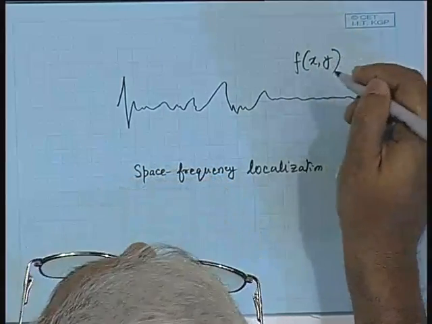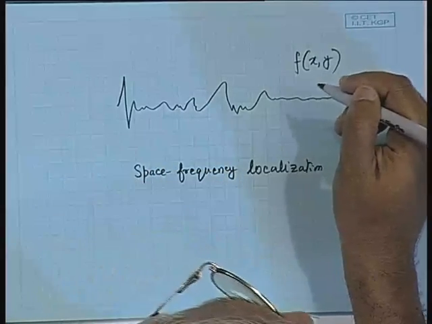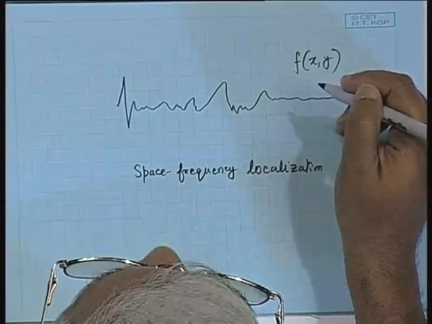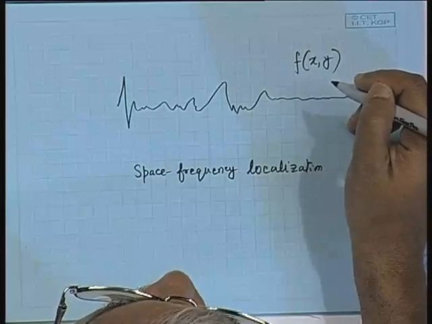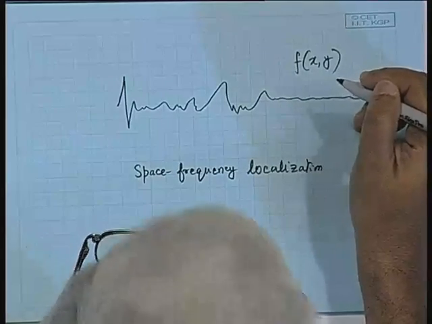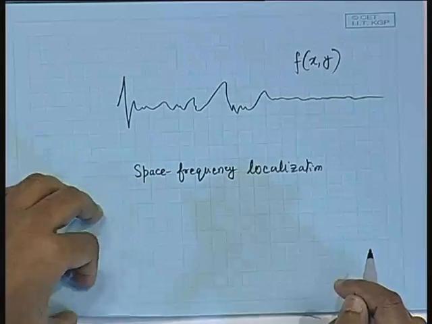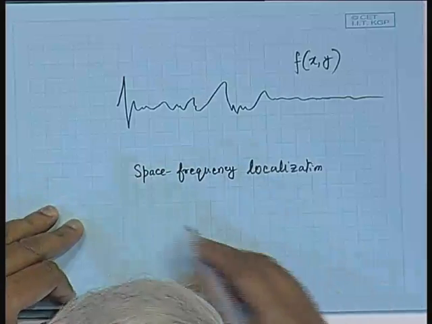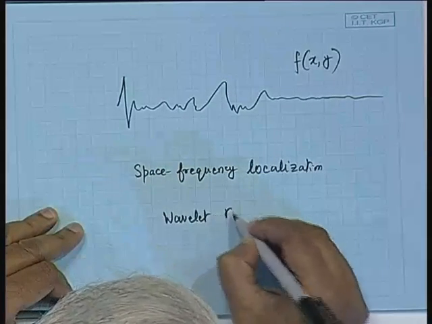These are spatial signals, and we are talking about exactly where which spatial frequencies happened. To know that, we go in for a new kind of transformation which is called the wavelet transform.